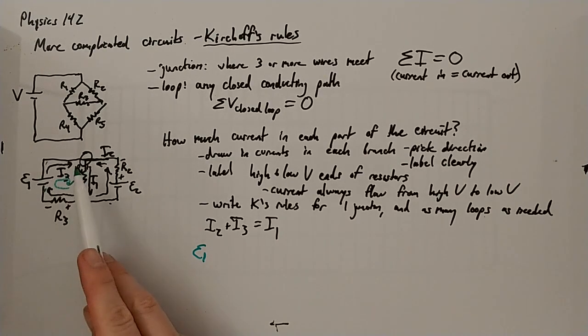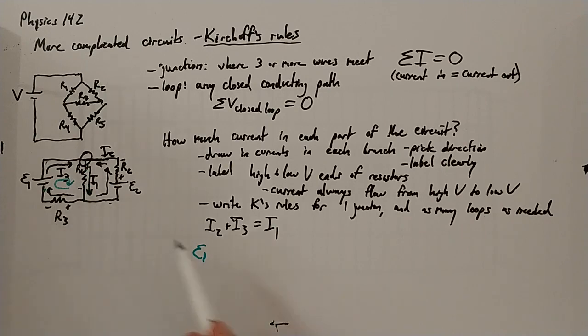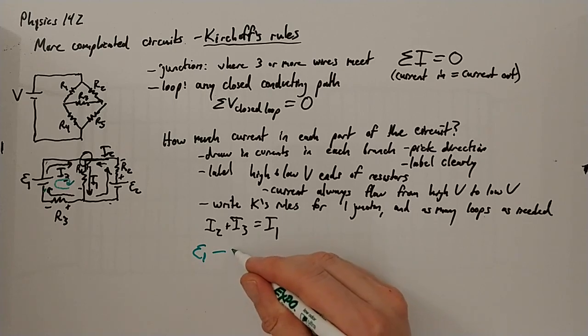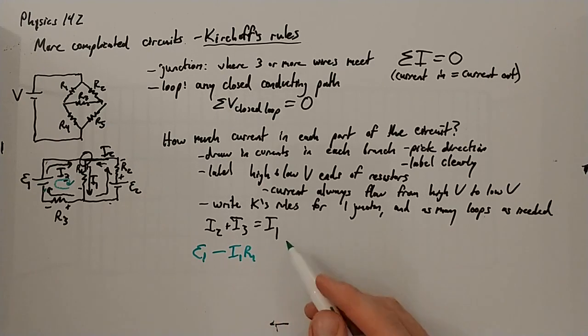Now I go across this resistor and here I'm going from positive to negative, so that means I'm going downhill. As long as you're flowing downhill, I'm going to lose potential. I go from positive to negative, I lose potential. And how much potential will I lose? Well, V equals IR. I'll lose I1 times R1's worth of potential.